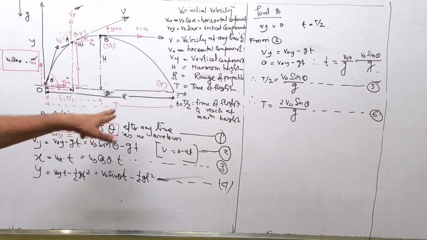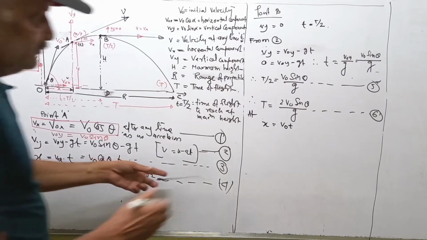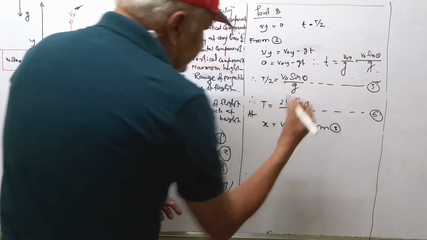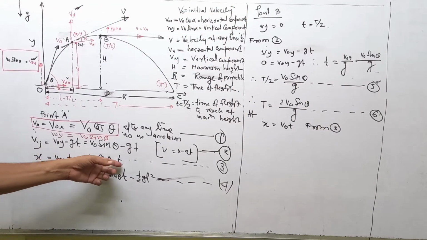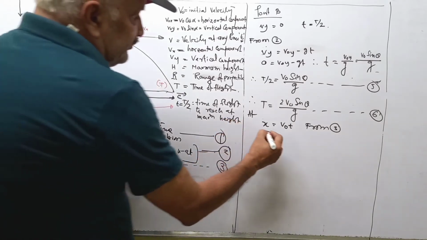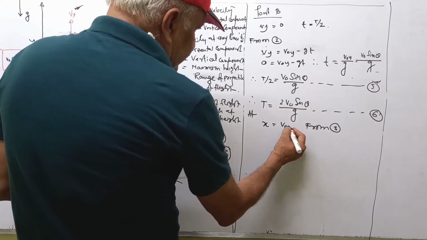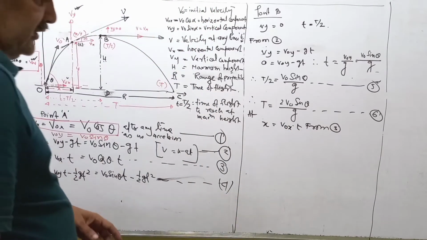Now we are coming up. Now you see x, from 3, we are getting x equal to v0 cos theta into t. That means we will also write v0x into t.